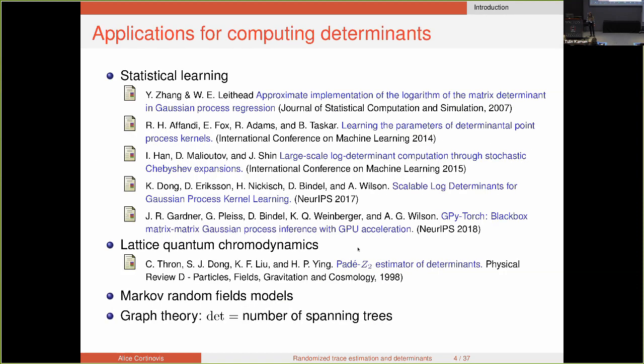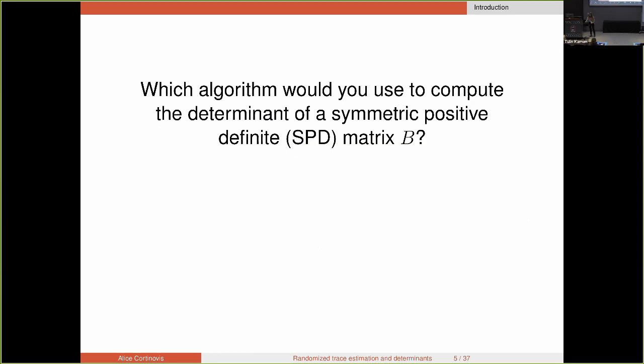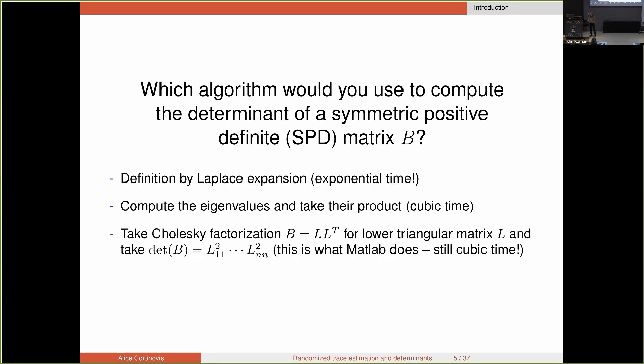In general, computing the determinant comes up a lot in statistical learning, but has also other applications, for example, in lattice quantum chromodynamics, Markov random field models, or graph theory. And if you have to compute the determinant of a symmetric positive definite matrix B, for sure you cannot use Laplace expansion.